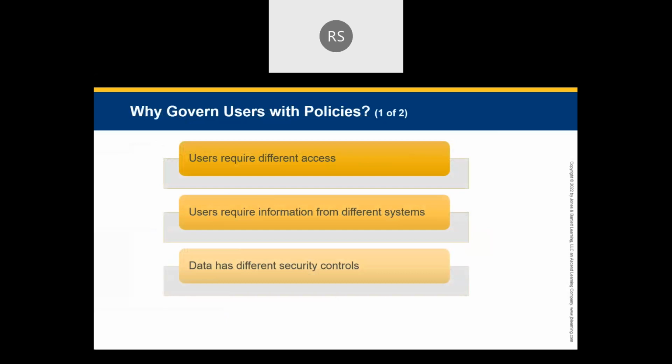So we're going to look at a couple of reasons why the governance of users with policies is a crucial aspect for an organization. So users require different access. So users within that organization, they're often going to have different roles and different responsibilities, and they do require the varying levels of access to systems, applications, and data. So by using user domain policies, organizations can define and enforce access controls based on the principle of least privilege.